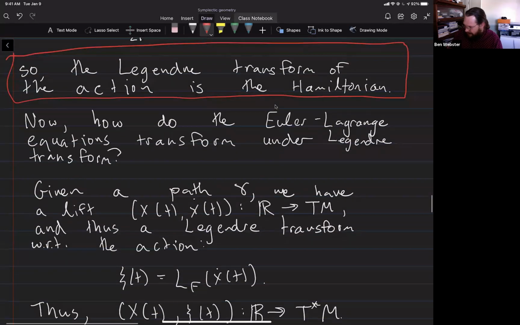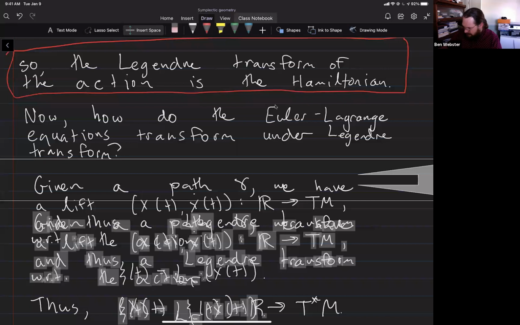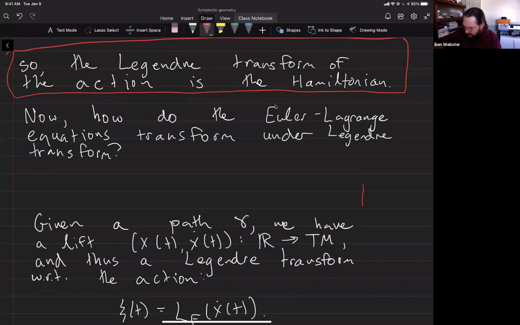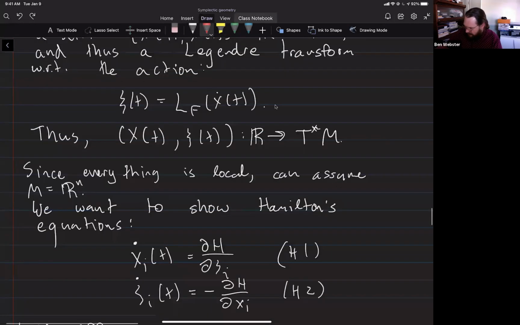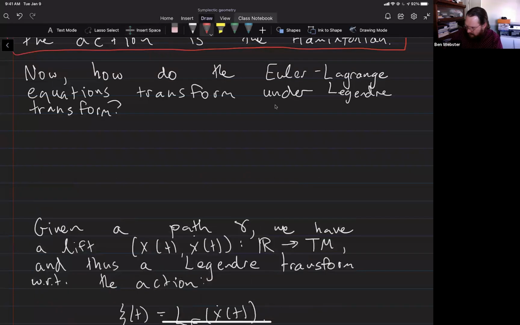So there's an actual mathematical theorem behind this. Let me actually write it out properly. Theorem.